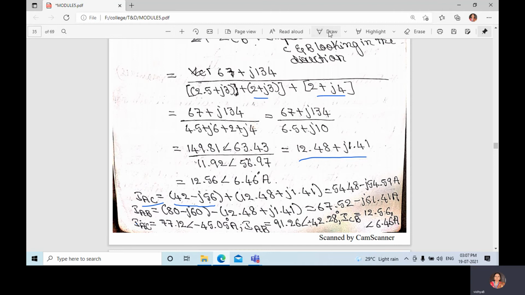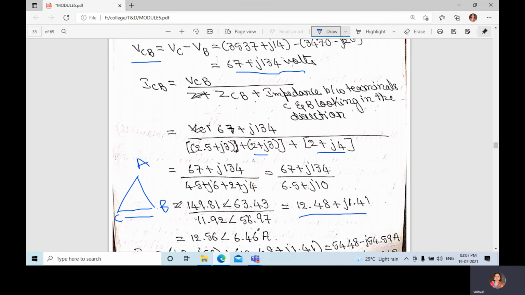Okay, I have already told, here this is A, and this is B, and this load is C. Okay, now we know the current between C and B. How they have found out the current between C and B: the voltage between C and B divided by the overall impedance. Okay, now we know the value of one section.